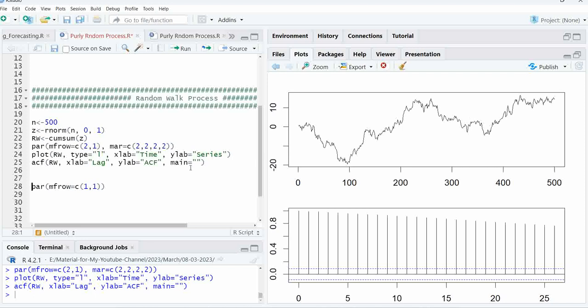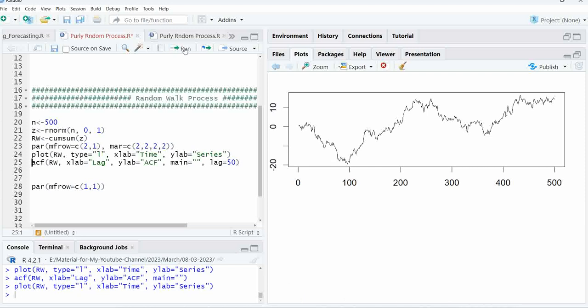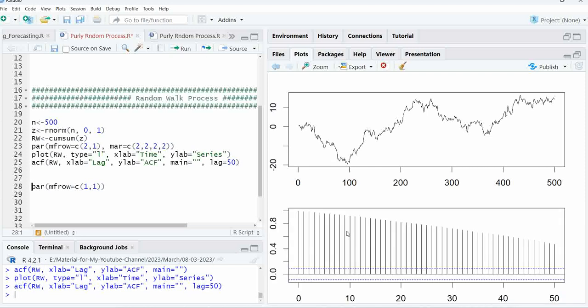You can change the lags because this is until 25 lags. You can increase the lags by just adding this option, lag.max equal to, suppose this is until 25, you can make this until 50, and again plot these two data sets. The original is this one, and the other is this one. So you can see this is a slow decline of this process.